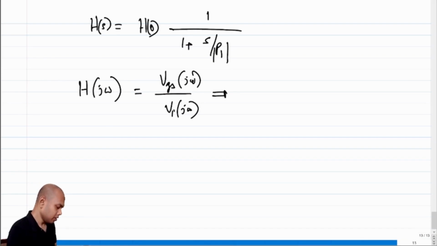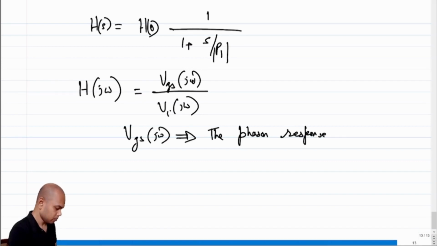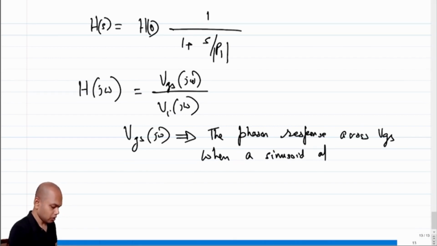VGS(j omega) in plain English is equal to the phasor response across VGS when a sinusoid of frequency omega is applied at Vi.